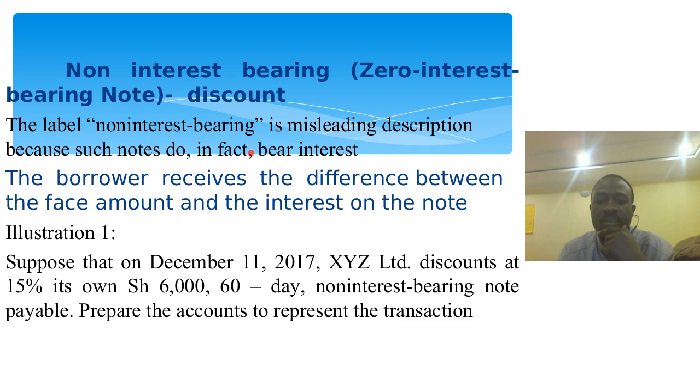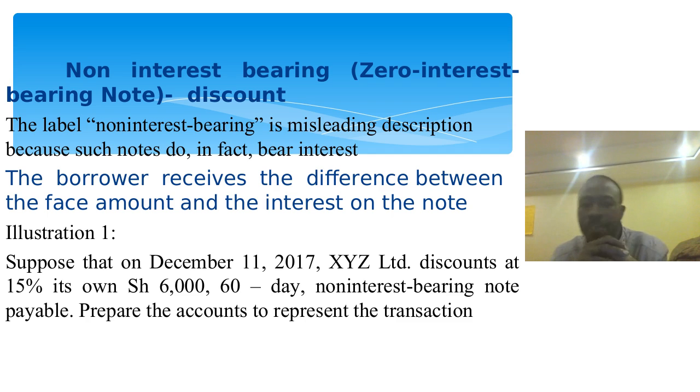Next, we move to non-interest bearing notes or zero interest bearing notes. Now, the label non-interest bearing is misleading because the notes we are talking about actually bear an interest.